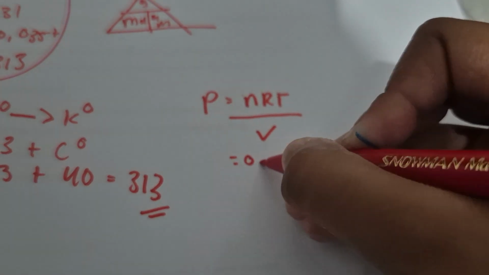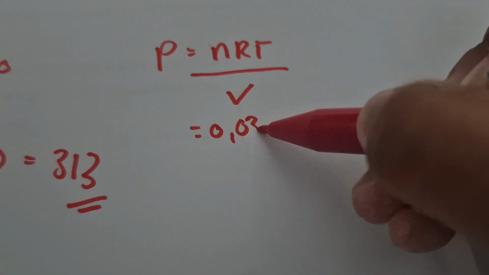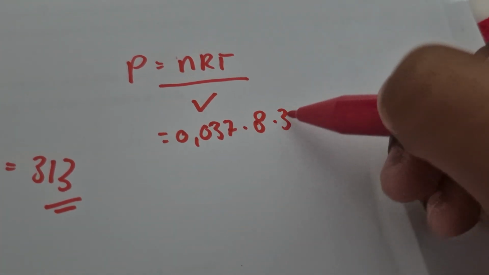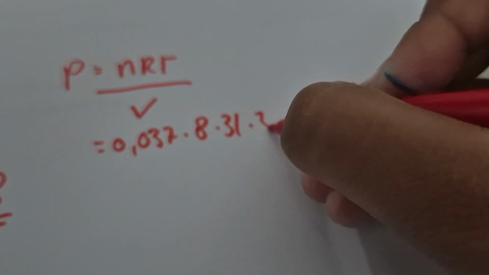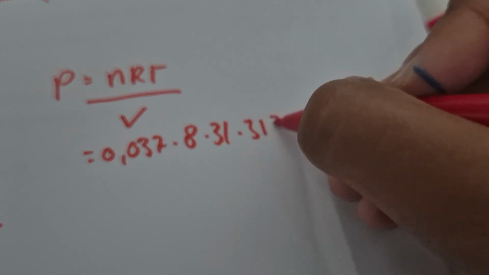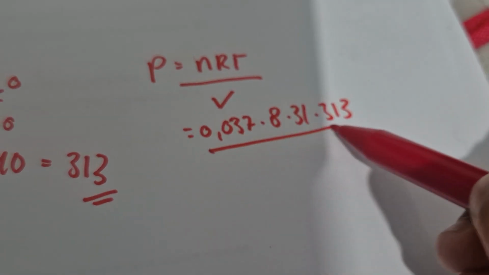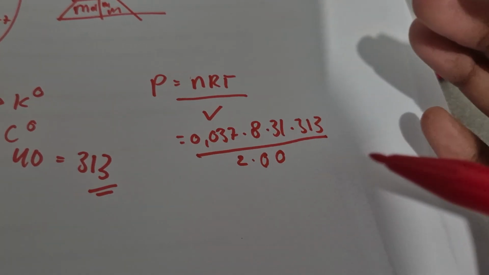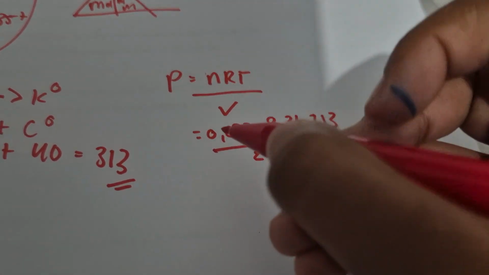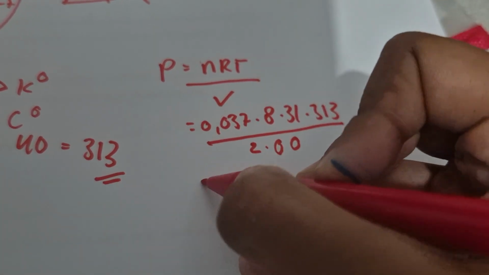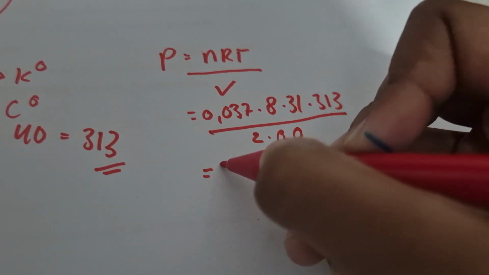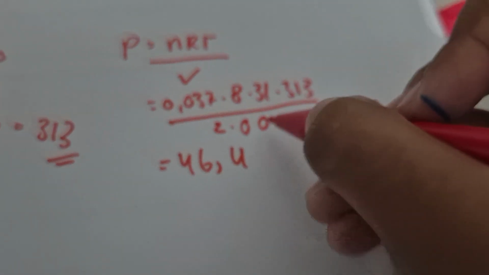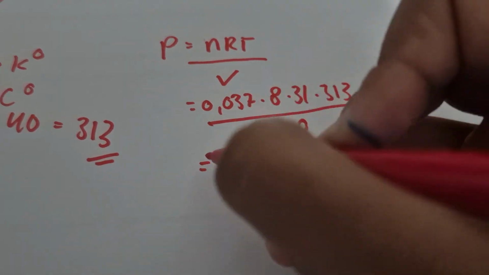So it's 0.037 and then 8.31 and then 313 divided by 2. After we do the calculation with the calculator, the answer is 46.428.